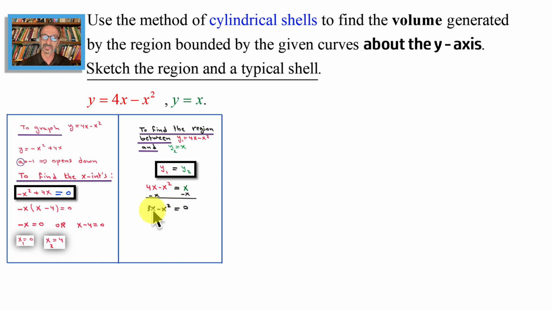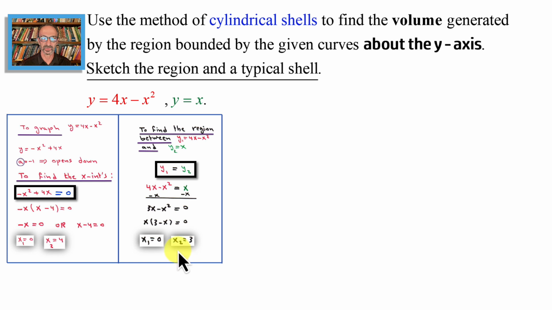Let's factor x out: I have x times 3 minus x, taking one of them outside as a common factor. Setting both equal to 0, x equals 0, and 3 minus x equals 0 gives x equals 3.